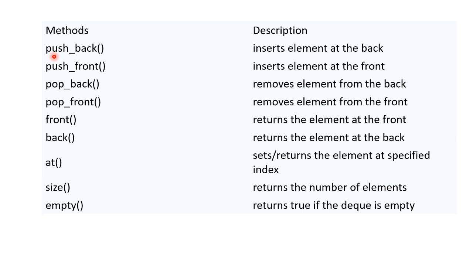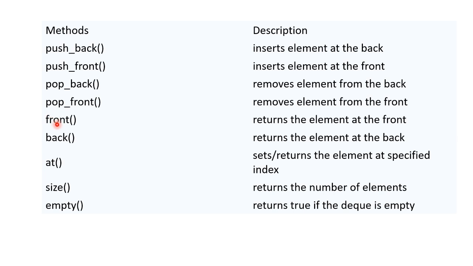So, in the deque data structure, the push_back function is used to insert an element at the back, and push_front inserts an element at the beginning. The pop_back function removes the element from the end, and pop_front removes the element from the beginning.